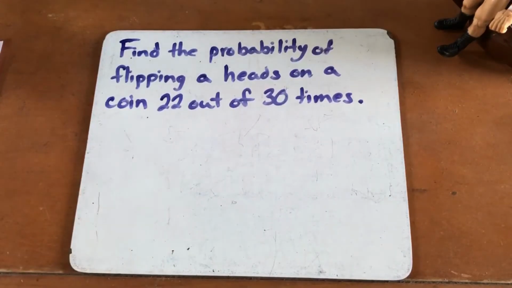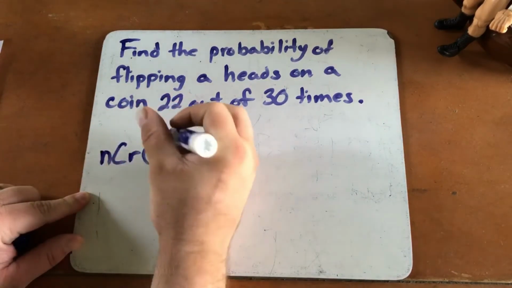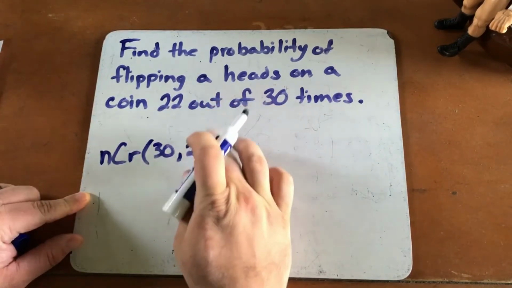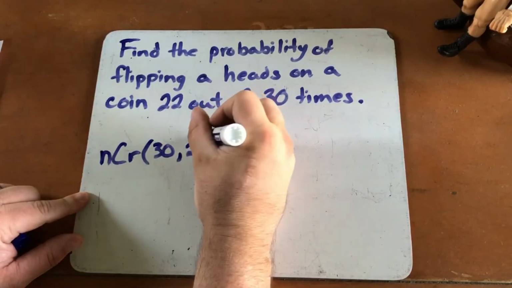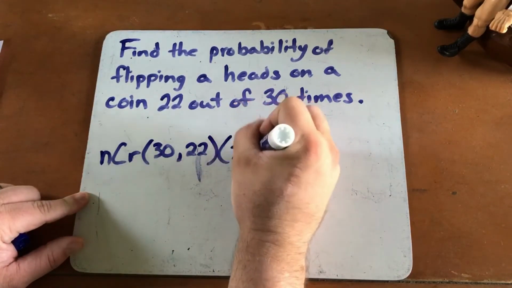For this example, find the probability of flipping heads on a coin 22 out of 30 times. When we look at a coin, the probability is 1/2. There's only 2 sides, heads or tails. So I'm going to do nCr 30, 22 times the probability of landing on heads, which is 1/2.